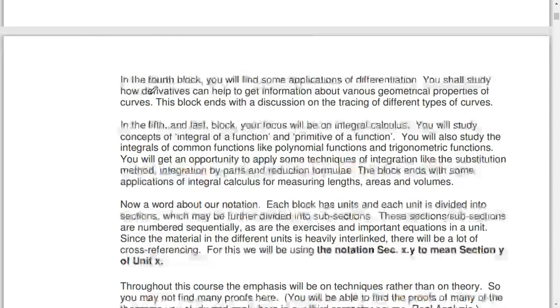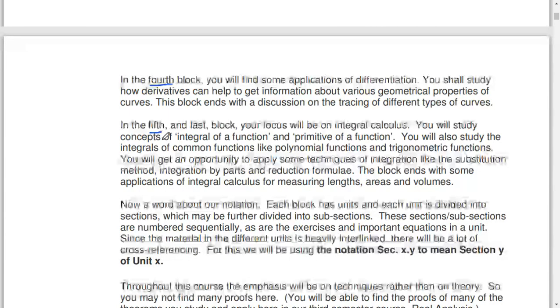In the fourth block, you will find some applications of differentiation. You shall study how derivatives can help to get information about various geometrical properties of curves. The block ends with a discussion on the tracing of different types of curves. In the fifth, the last block, your focus will be on integral calculus. You will study the concepts of integral of a function and primitive of a function.